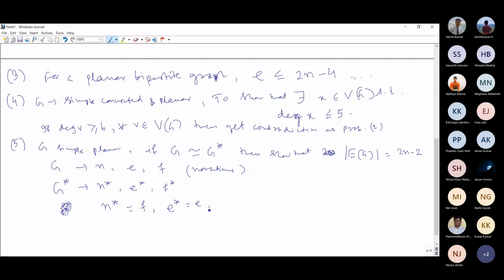Since both are planar graphs, now you get n is equal to f star from Euler's formula.